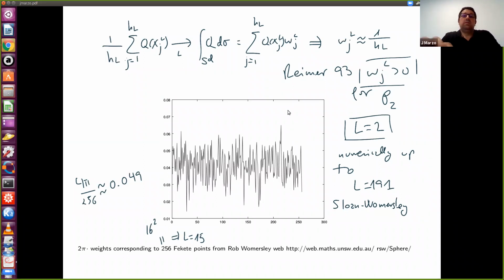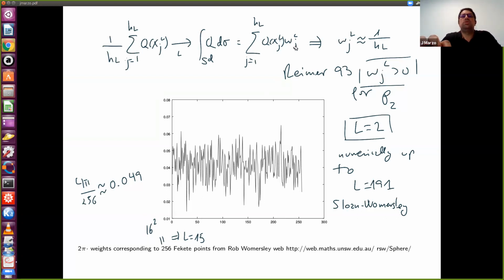And indeed, if you check the numerics, when it's available, here, for example, I have a picture of, well, this misprint, so it's 4 pi times the weights. Okay, so I consider these 256 Fekete points, again from Womersley's web page, and I compute the weights.